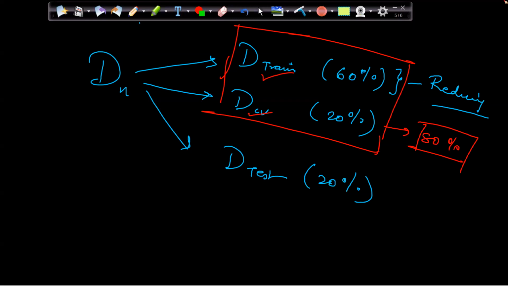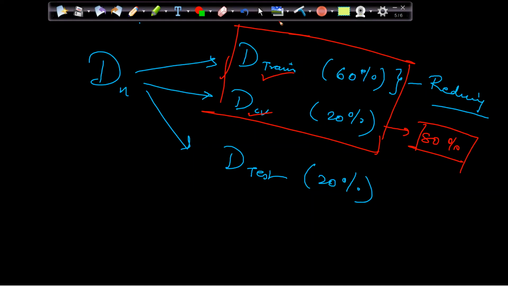Because the more the training data, the better the algorithm will be. Now here, my training data is reduced because I split the data into three parts, right? So now what is the solution for that?